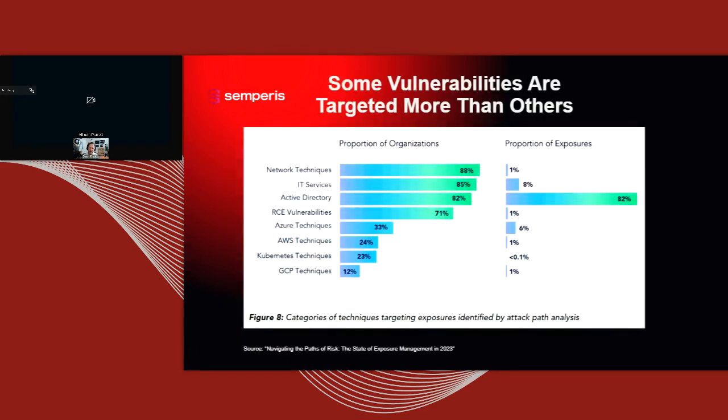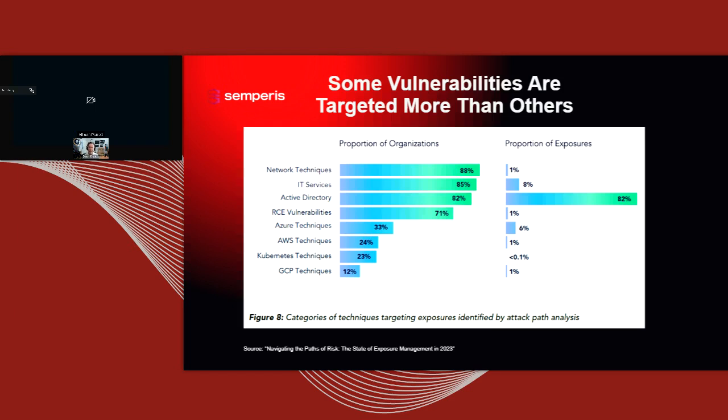I think this is an interesting chart, and just by glancing at it, you can kind of see where I'm going. This is from a report called the State of Exposure Management. What this shows on the left is the proportion of organizations that have exposures, vulnerabilities, in these areas.